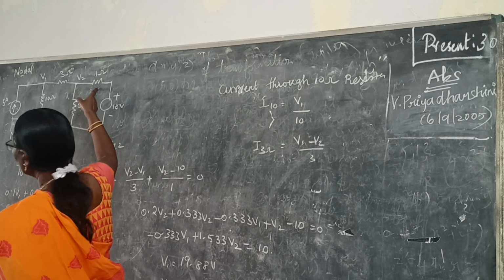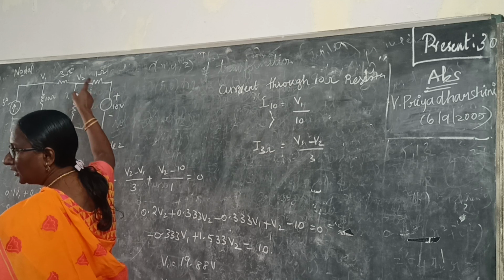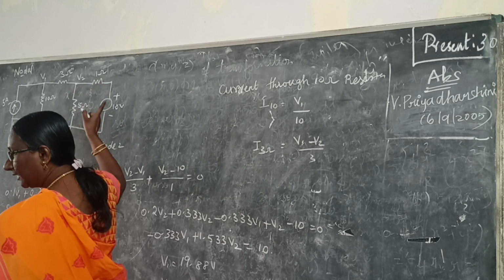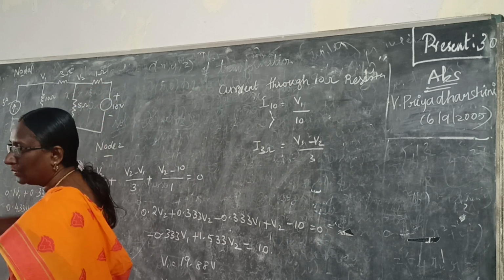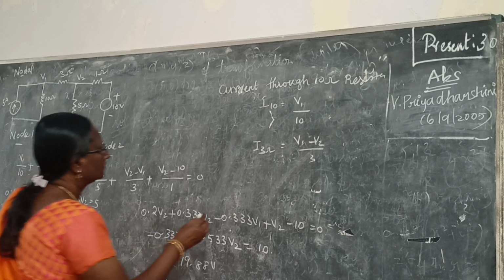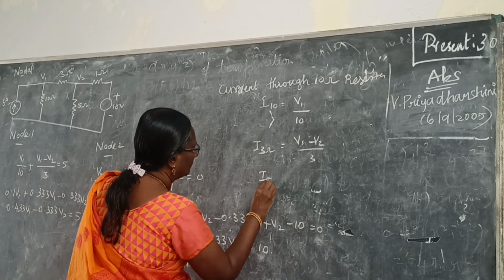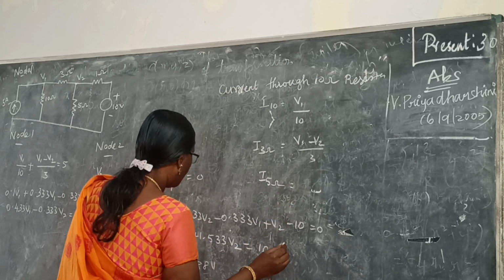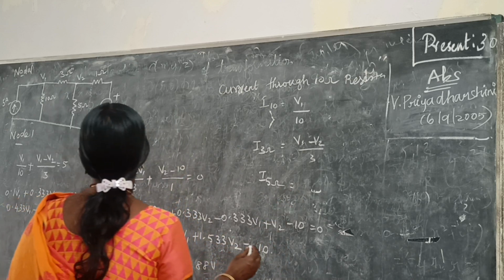Then what about the current through the 1 ohm resistor? V2 minus 10 by 1. Okay, find the current through each element. Unit is very, very important, student.